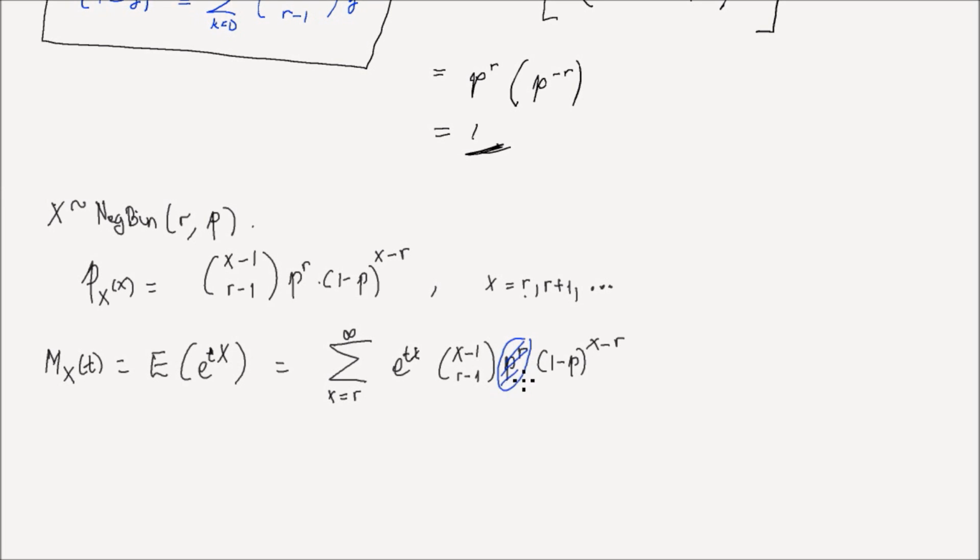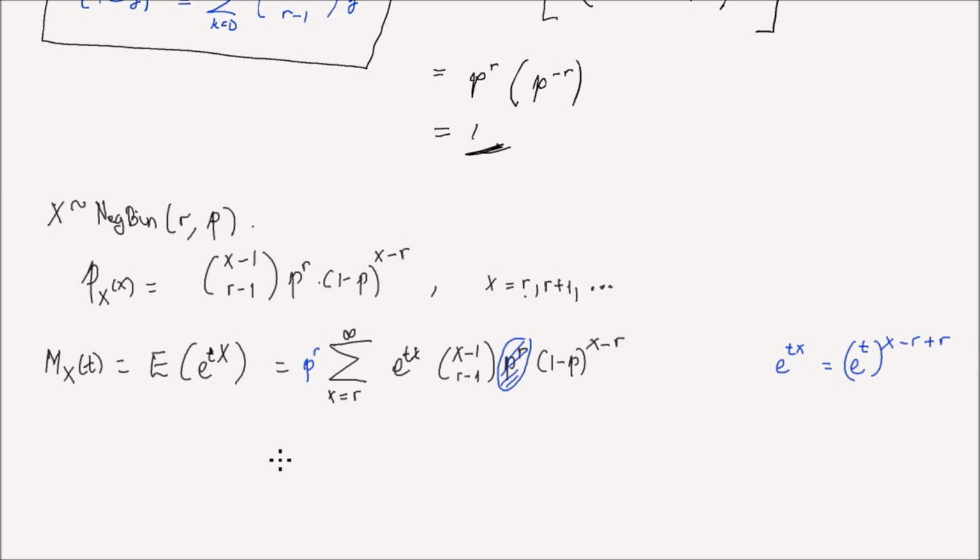So I can take it outside of the summation, and then I have p to the power of r outside of the summation. Also, e to the power of t times x can be written as e to the t to the power of x. I can also add and subtract r, so I haven't changed the power, I've just added a 0 to the power.